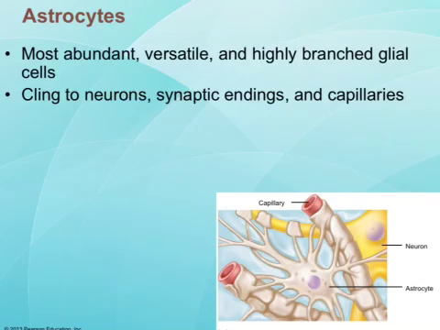The astrocyte is in the CNS, the central nervous system, either in the brain or the spinal cord. That is the most abundant cell, and it's star-shaped like in this picture here. You can see in this picture, the yellowish cell is a neuron, and this star-shaped cell is an astrocyte.